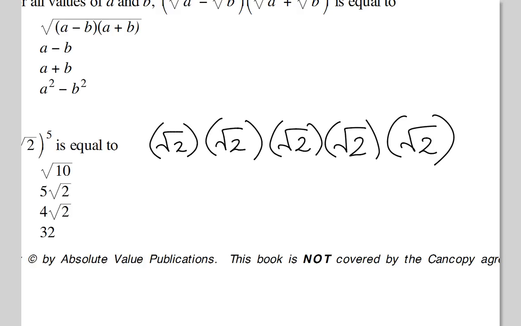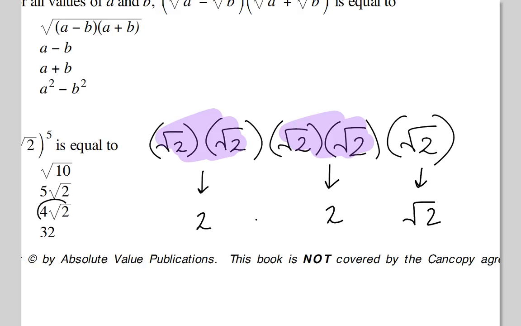Okay, some of you already got the answer. That's clever. So if you just do 2 at a time, what do you get? Root 2 times root 2 is 2. Root 2 times root 2 is 2. And this one you can't do anything with. These combine for an easy one, right? Sweet. One less thing for you guys to do.